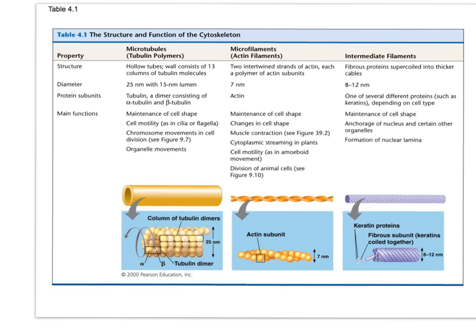And it also has to do with organelle movements within the cell. And very important, during mitosis, during cell division, microtubules actually pull chromosomes apart. They actually pull them apart during cell division.